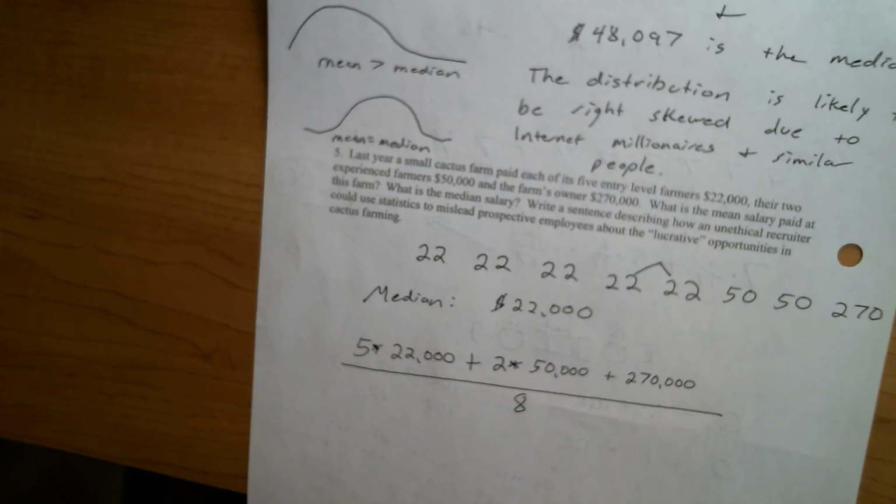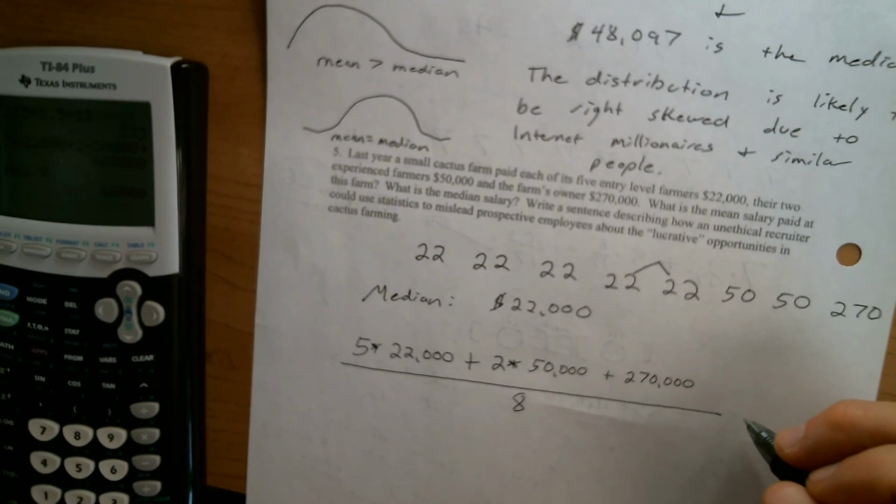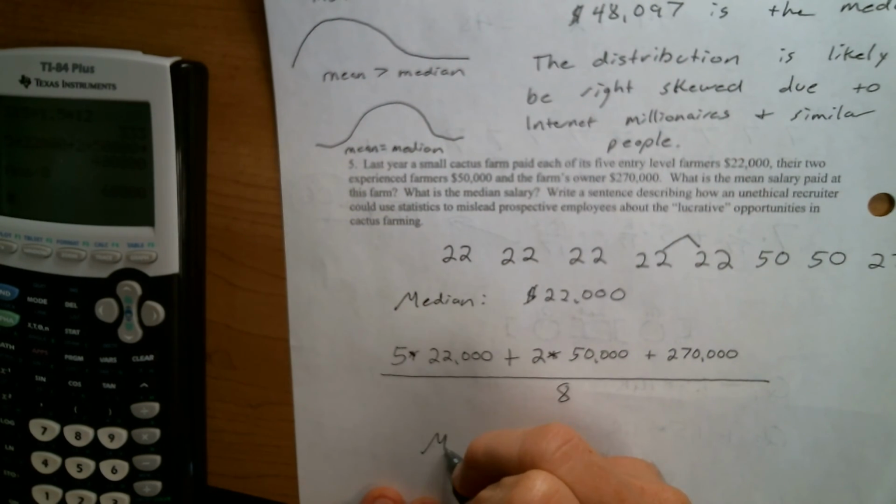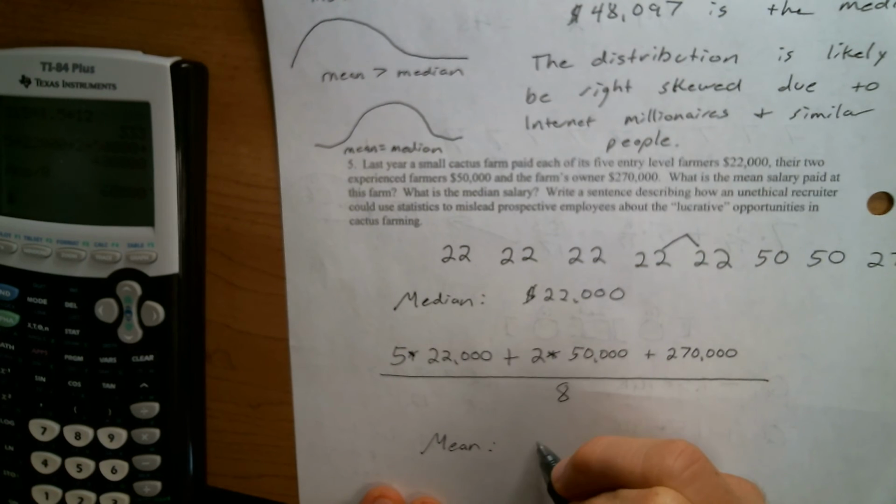So 5 times 22,000 plus 2 times 50,000 plus 270,000, divided by 8 works out to be a mean of 60,000.